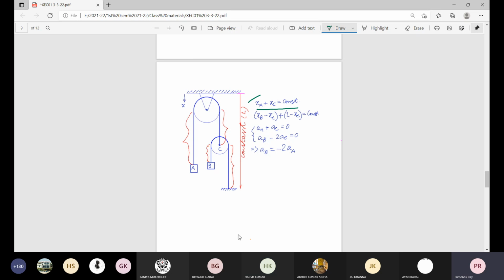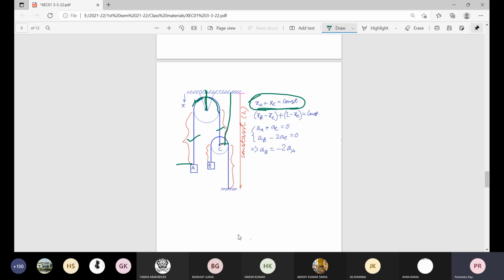Even if you do not write this length plus this lap length plus this length is equal to constant, where the first part is XA minus the straight difference, the second part is the lap, and the third part is XC minus again the straight part, at least this you have to write: the relation between the positions.